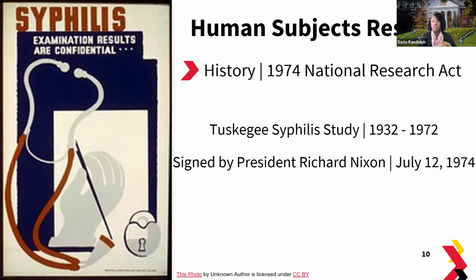Also, 40 of those men's wives were affected by syphilis, as well as those wives giving birth to children with congenital syphilis.